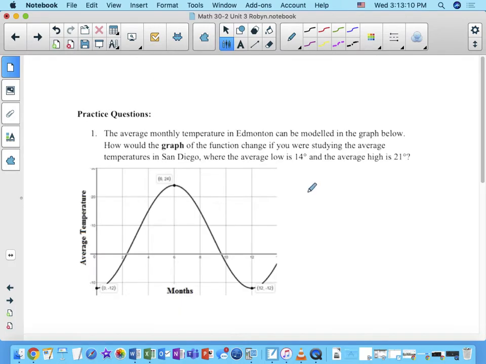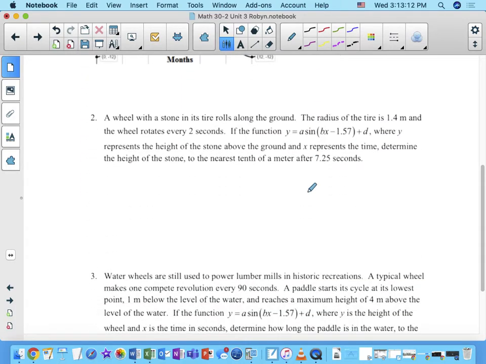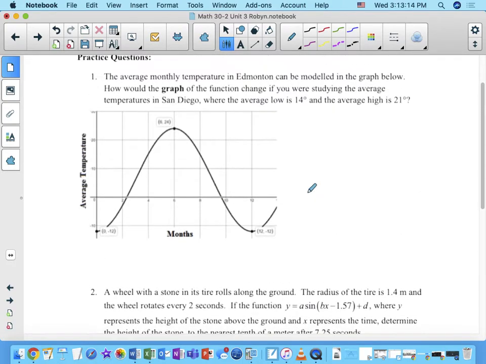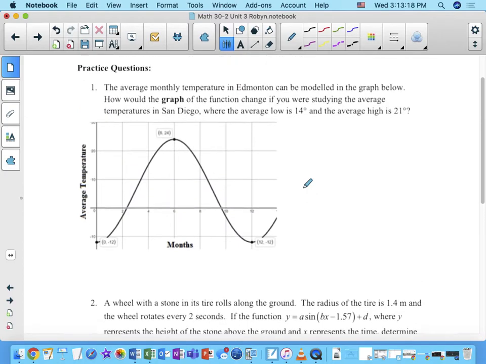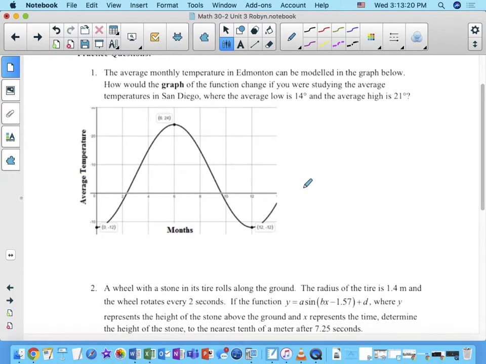We're going to skip to page 55. Okay? Because the next few questions are all about Ferris wheels. And once you can kind of understand what the values in the equation mean to a Ferris wheel, it's kind of the same for all of them.